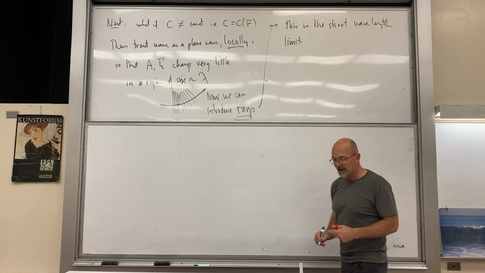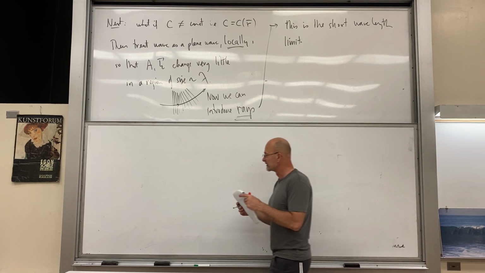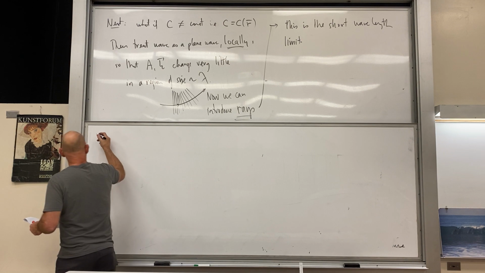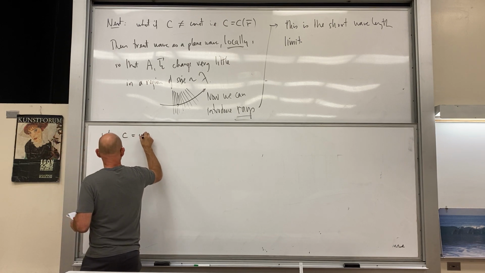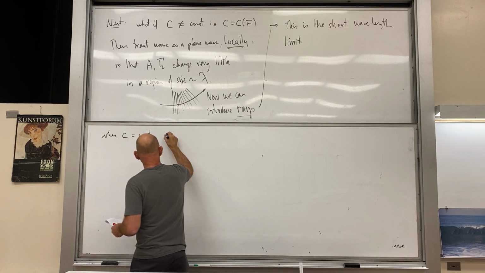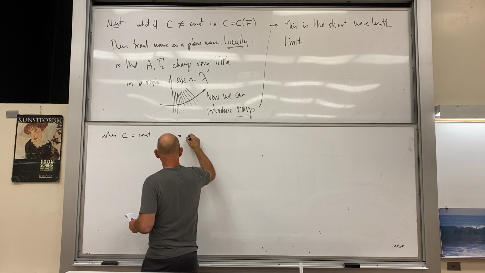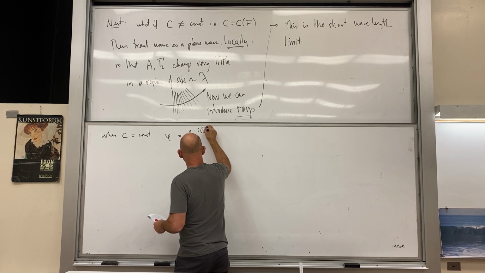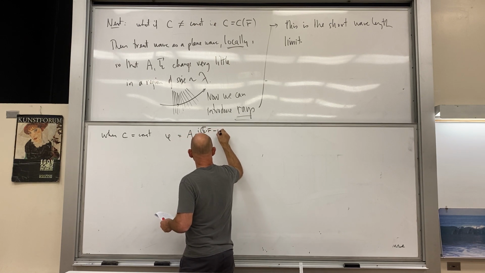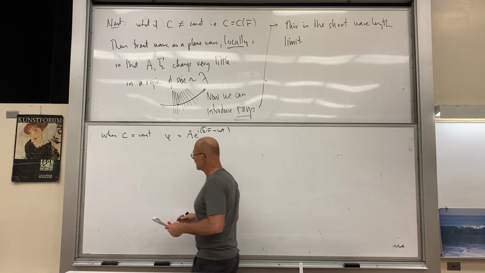The one we've been working with is c equals constant. We had phi equals A e to the i (k dot r minus omega t).